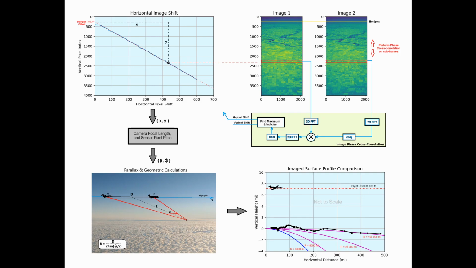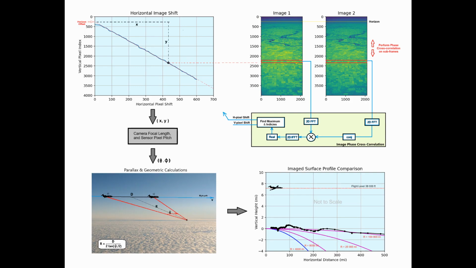As you can see in the upper left there, I've extracted the horizontal shift. And then by knowing the pixel shift and camera information, we translate the X and Y pixel differences into angles. And down in the lower left, then we take advantage of parallax.